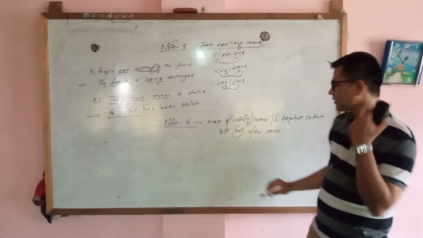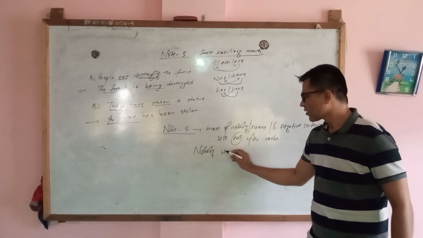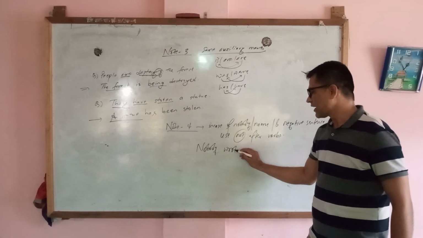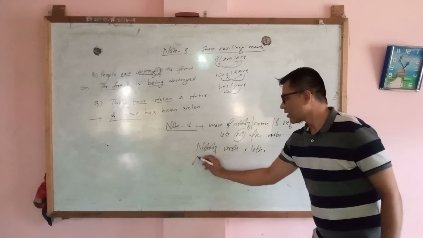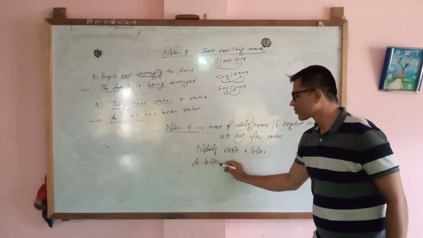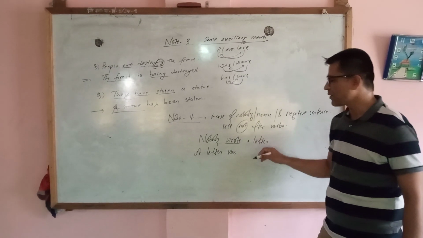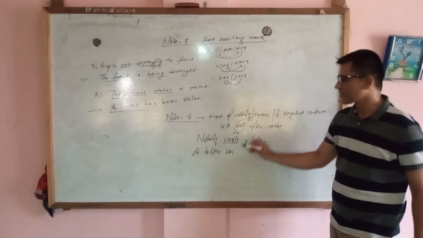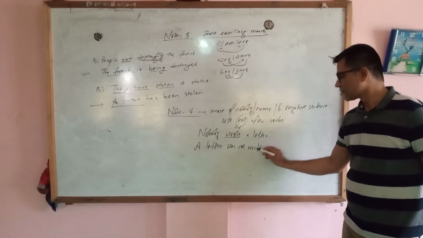For example, you can see here, nobody wrote a letter. Look at that. Now for a letter, V2 is there, so we have to use was, and before V3 we have to use not because of nobody. Was not written.